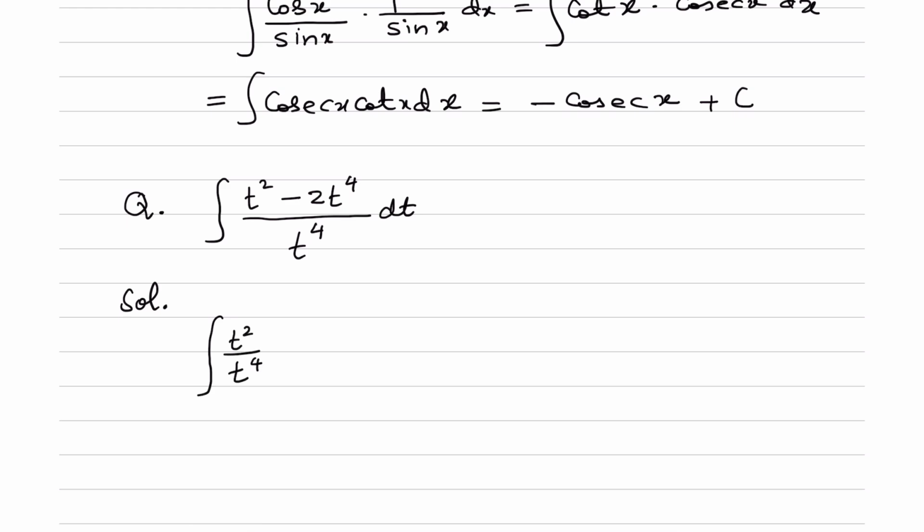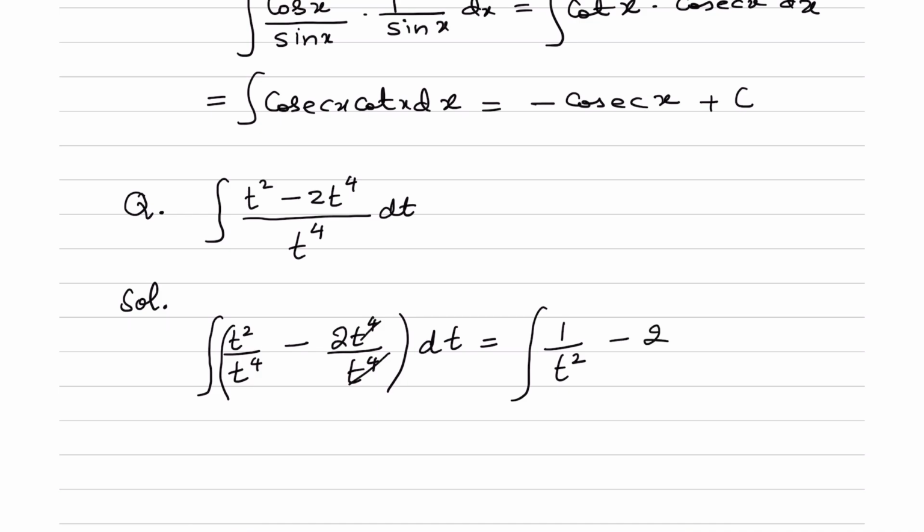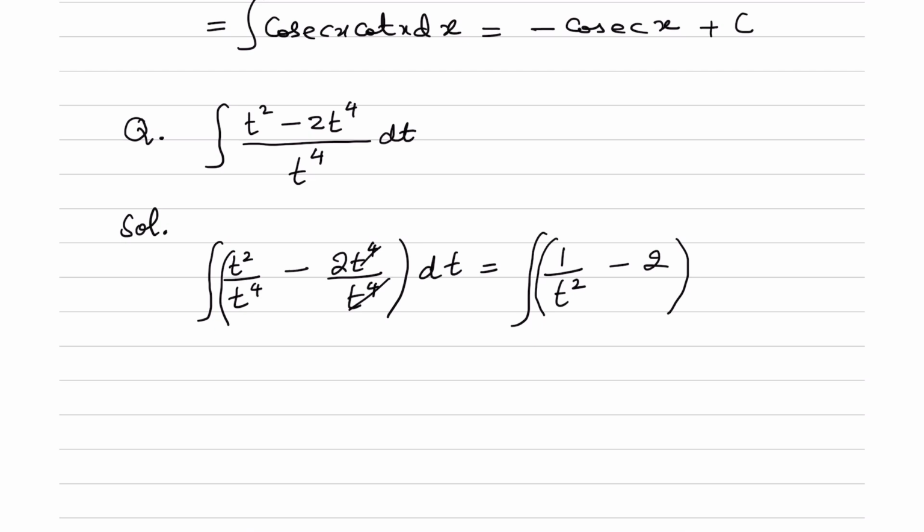Since there is a single denominator, we can write it separately: t square by t4 minus 2t power 4 by t power 4, and we have to integrate it with respect to the variable t. So the first term becomes 1 over t square minus 2, because t4 cancels out with this t4, and we have to integrate this expression with respect to t.